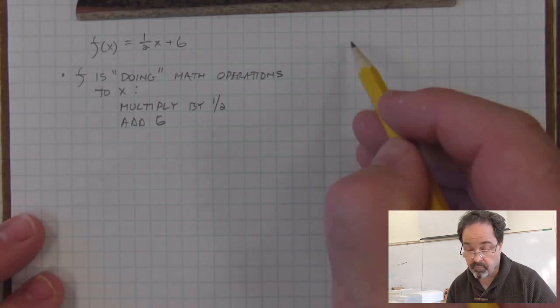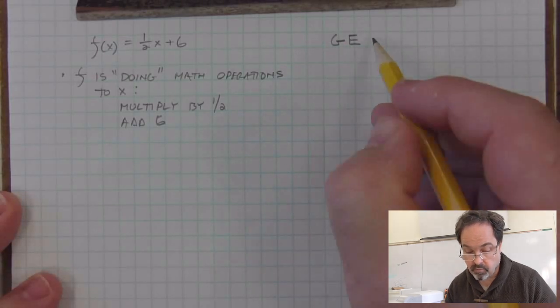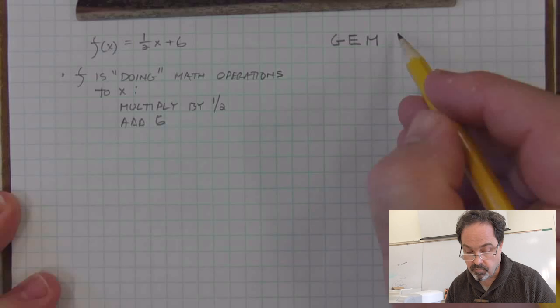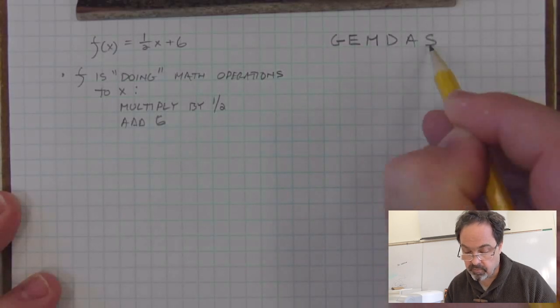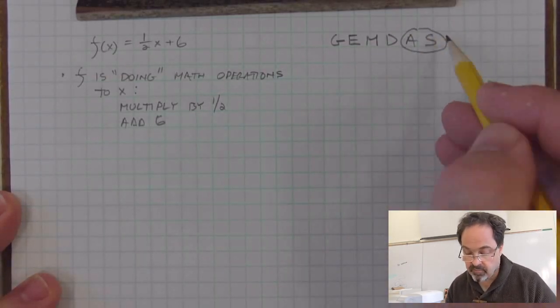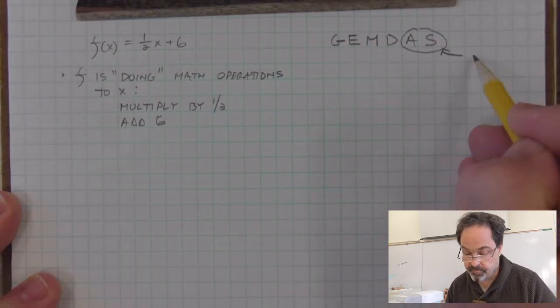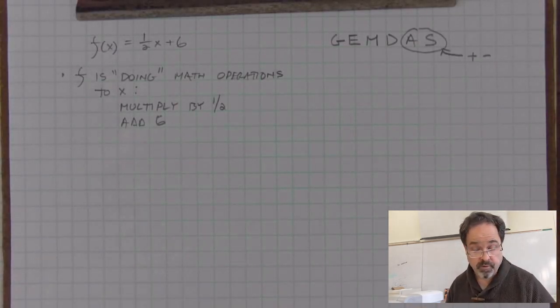And the order of those operations, we can remind ourselves what that order is by the mnemonic GEMDAS. In GEMDAS, A and S stand for addition and subtraction. Two operations which are inverses of each other.